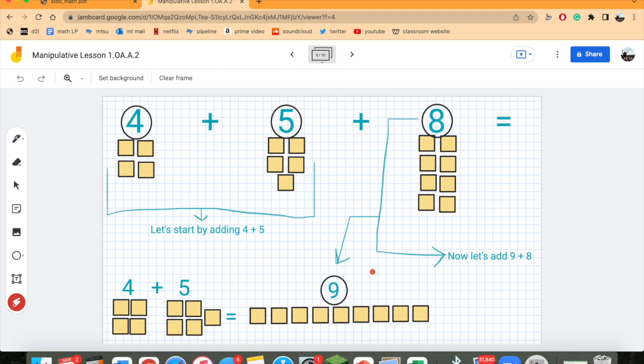So our next step would now be to add 9 plus 8. We have the 8 still left over from the original problem, and we have our 9 from adding our first half of the problem, 4 plus 5. So now let's add 9 plus 8.